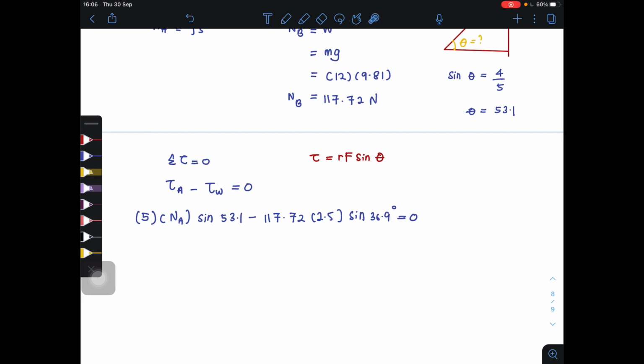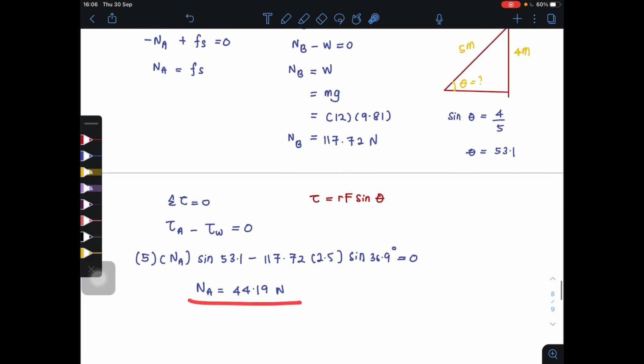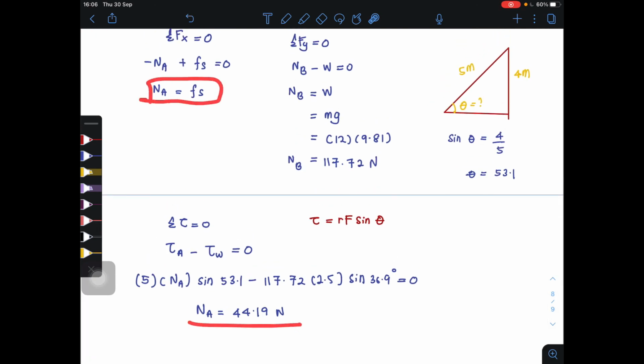So now kita sudah keluarkan dekat equation ni, kita hanya ada satu unknown, which is NA. So boleh selesaikan, and then dapat NA is equal to 44.19 Newton. Okay, so now kita sudah dapat NA, dan kita tahu NA adalah sama dengan Fs.